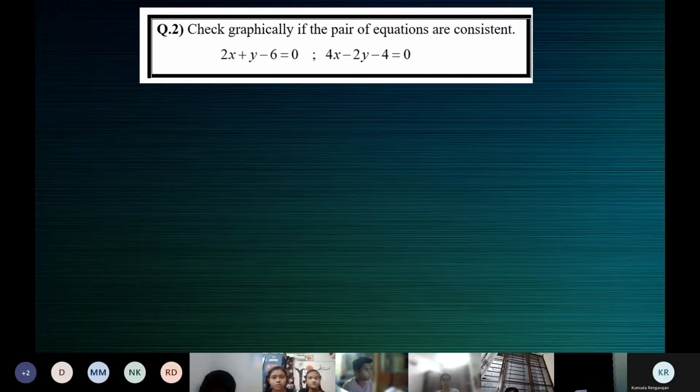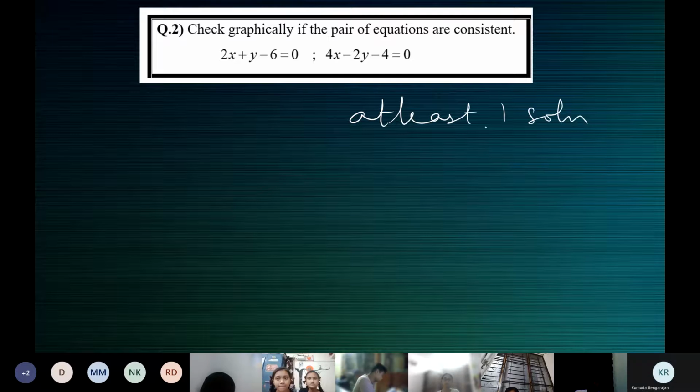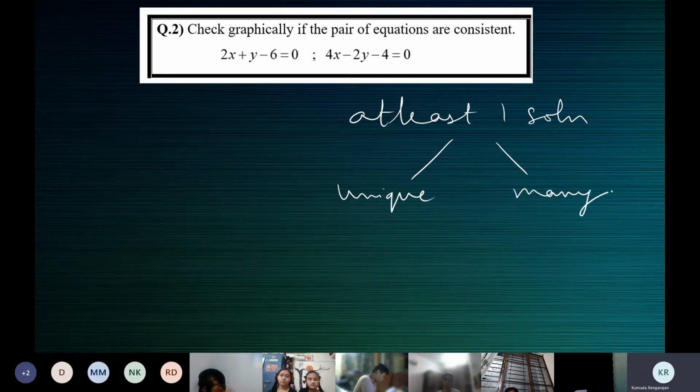So it can be a unique solution or many solutions. Both equations are consistent. That means graphically, you must get intersecting lines or you must get coincident lines. I'll repeat it.